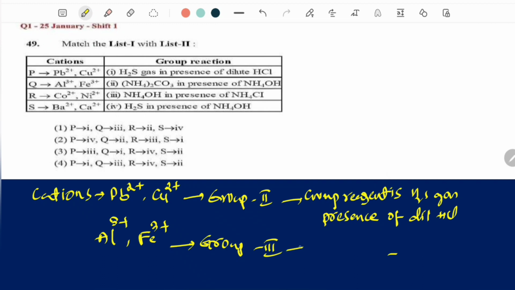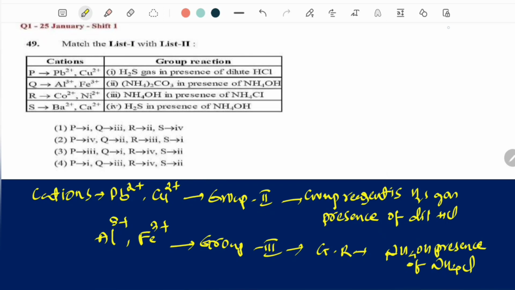The group reagent is ammonium hydroxide in presence of ammonium chloride. It is a group reagent.